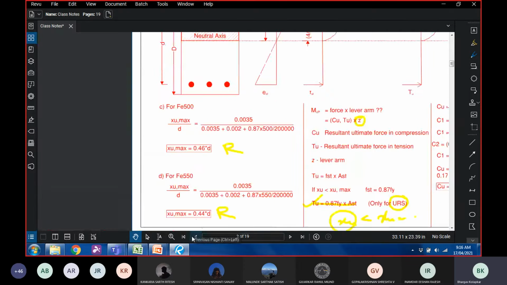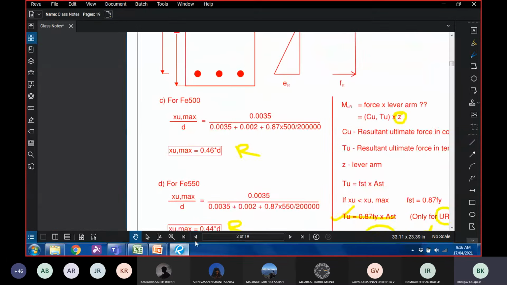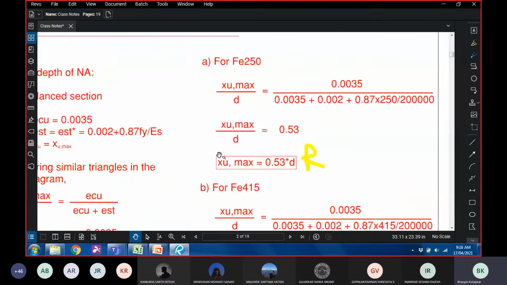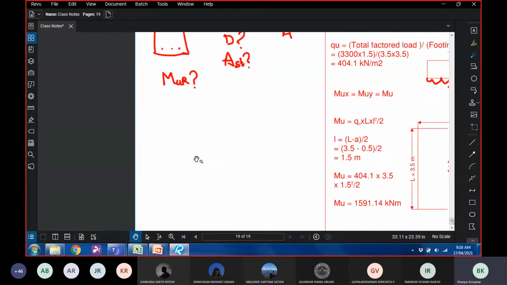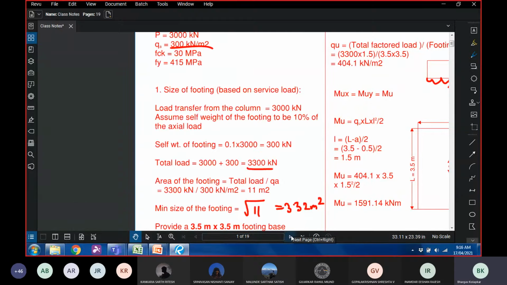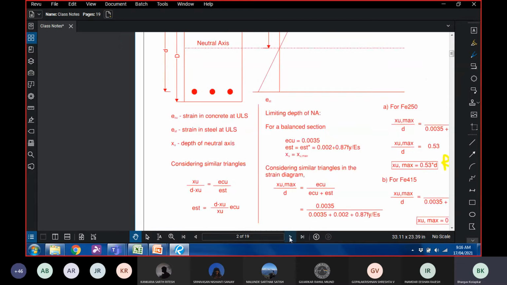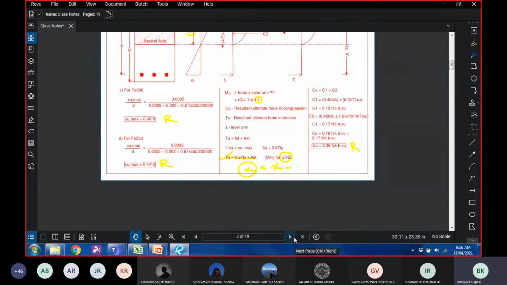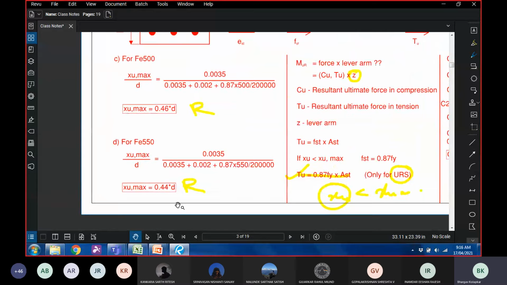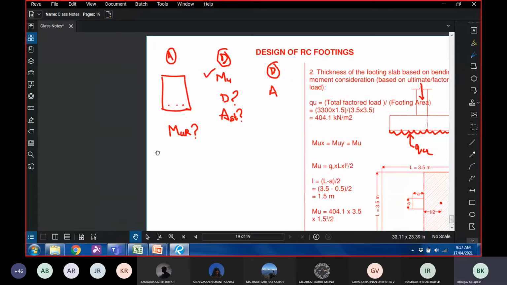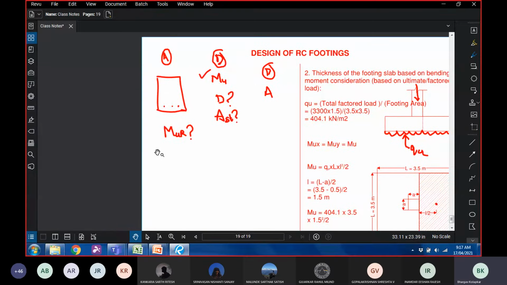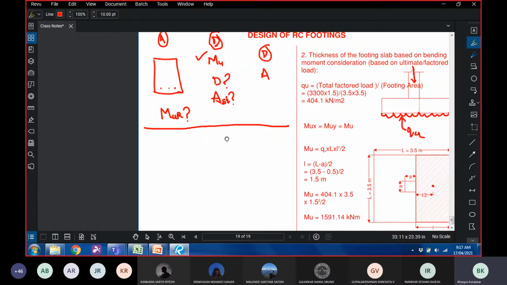So even just to quickly go back to that, we have seen it here that for Fe250 it is 0.53D, Fe415 0.48, Fe500 0.46, and Fe550 0.44. So basically everything except D is now known in the equation. The only thing that is unknown is D. Okay, so this was just for your information. Don't write it in the exam.